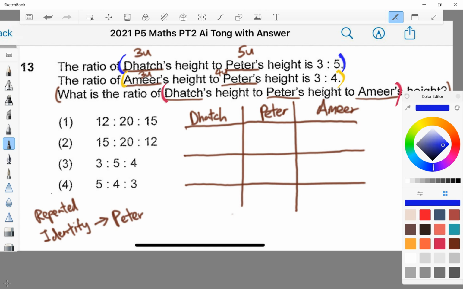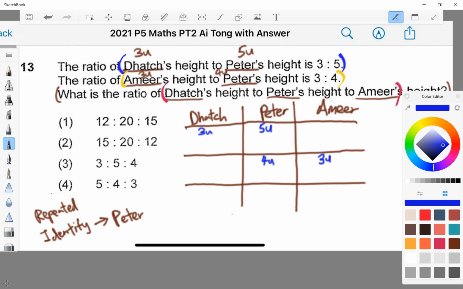That is where I will place my units. So Dutch to Peter, 3 units to 5 units. What about Amir to Peter? Amir is 3 units. Remember, you have to put the correct units for Amir. Peter became 4 units, as we have indicated on our question.